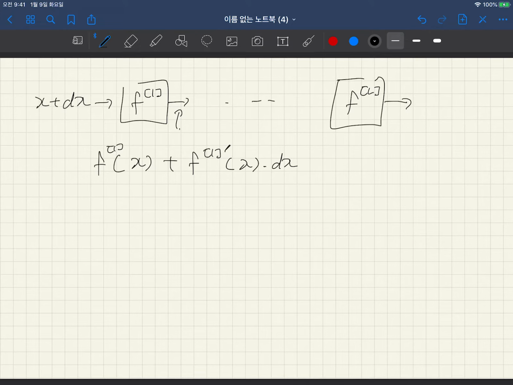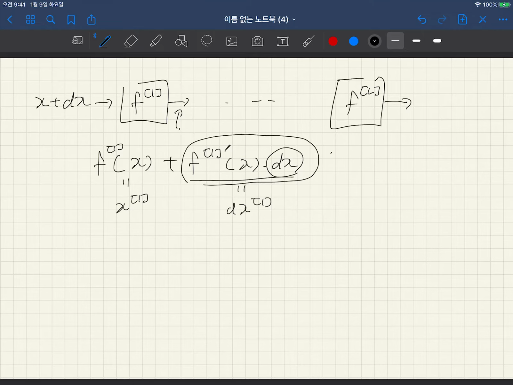And from the notation, this value is x1, and let's say this is dx1. Because we can make dx very small, we can make this value close to 0 as much as we want. So we can essentially always guarantee that this value is also very tiny, also infinitesimal.